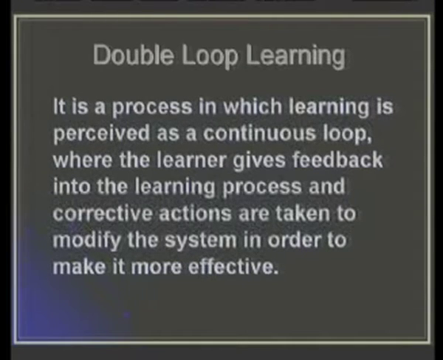Double loop learning is a process in which learning is perceived as a continuous loop where the learner gives feedback to the learning process and corrective actions are taken to modify the system in order to make it more effective.